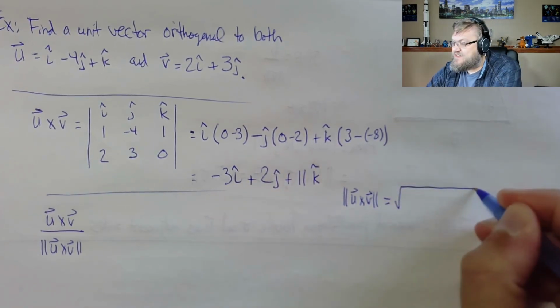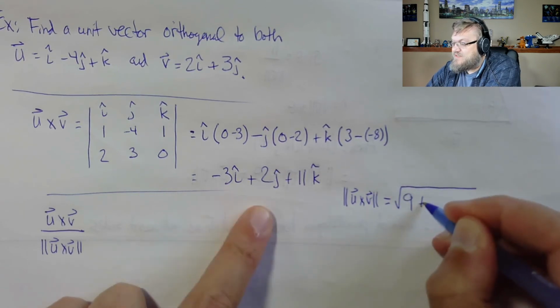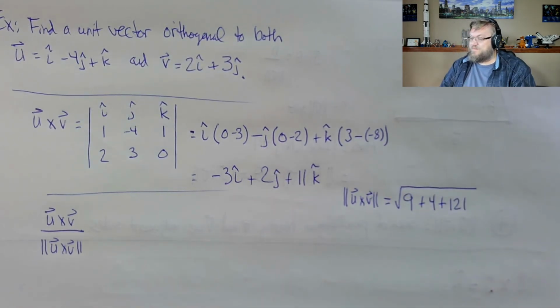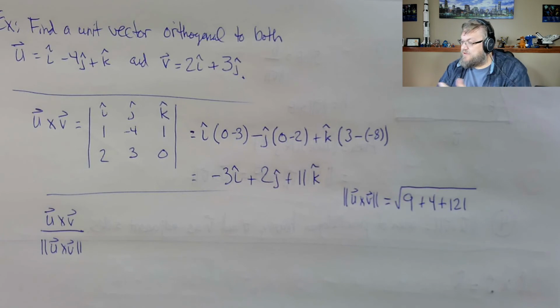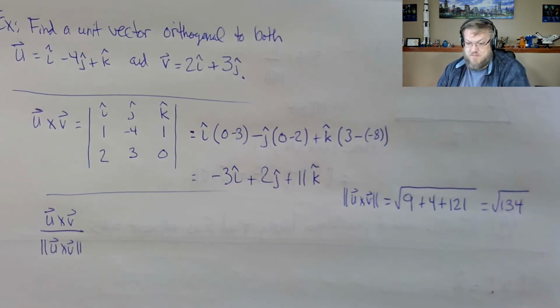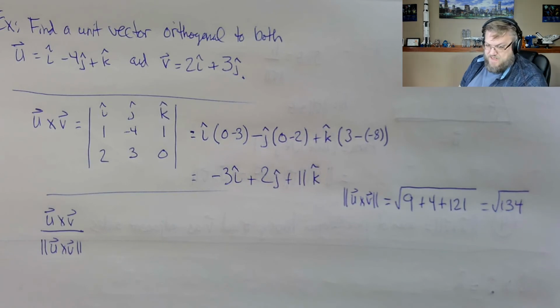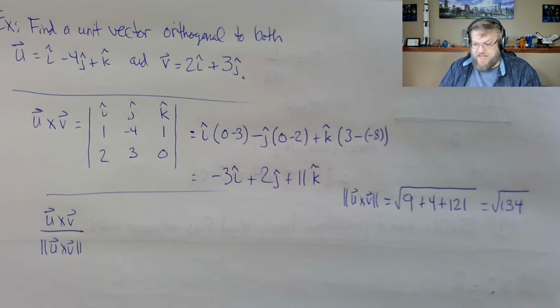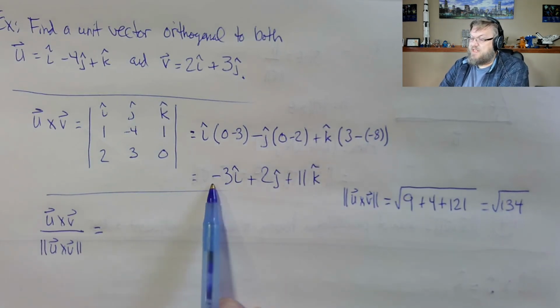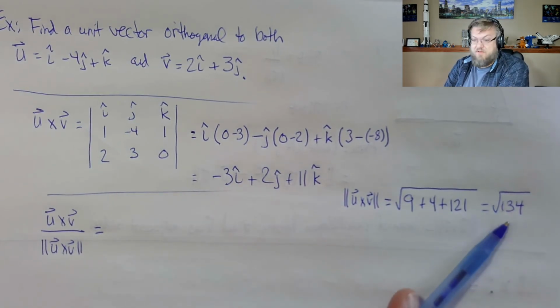So I'm going to say this is the square root of 9 plus 4 plus 11 squared. I think that's 121. And so I get 134, square root of 134. Okay. Which means that if I want to have this unit vector, all I have to do is multiply u cross v by 1 over this.